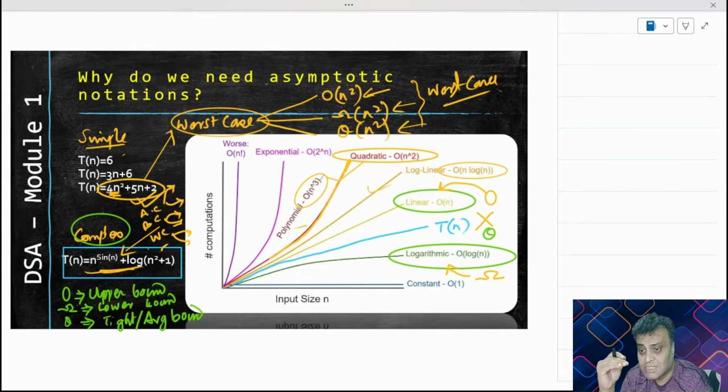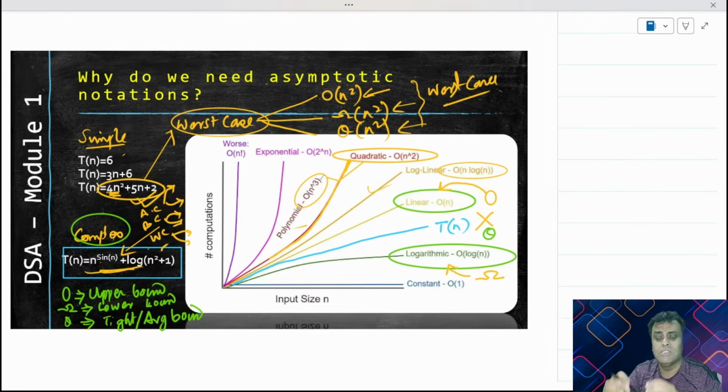If it is a polynomial which doesn't match with the class, the top line will not coincide with the polynomial line. And similarly, the bottom line will not coincide with the polynomial line. Right? So what are we saying? Polynomial line is worst case, best case, average case. And on top of this line, because it is just a line, you can draw two more lines, which is the upper bound and lower bound.